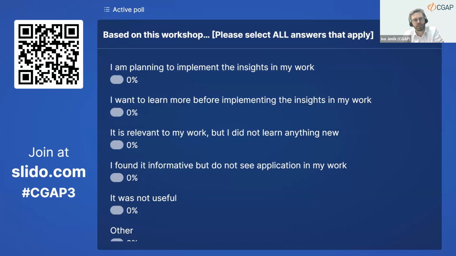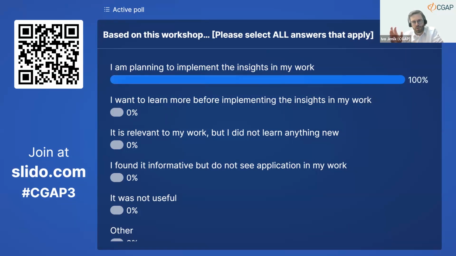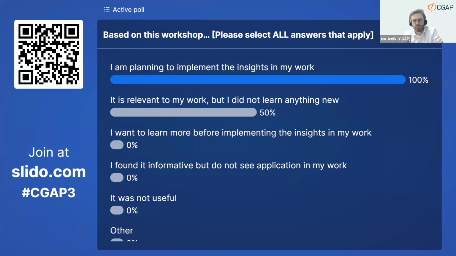So if you can, for the last time, go to slido.com, type CGAP 3, or scan the QR code and answer the questions that will help us to improve the work. There's a question asking what steps you're taking or planning to take, if any, based on this workshop experience. I'll give a few seconds for you to answer. Then we have another question, more related to feedback on this workshop.